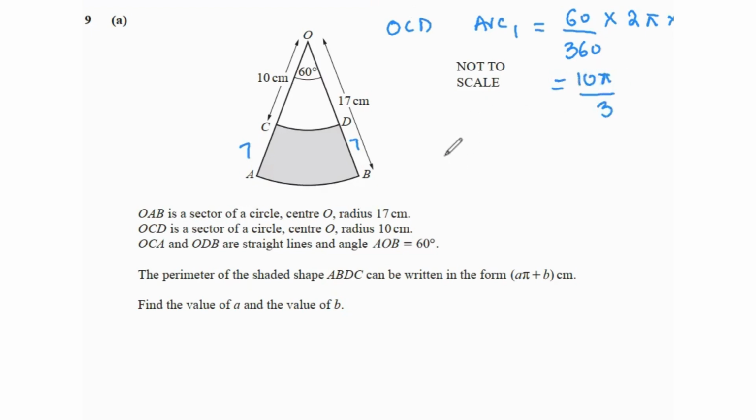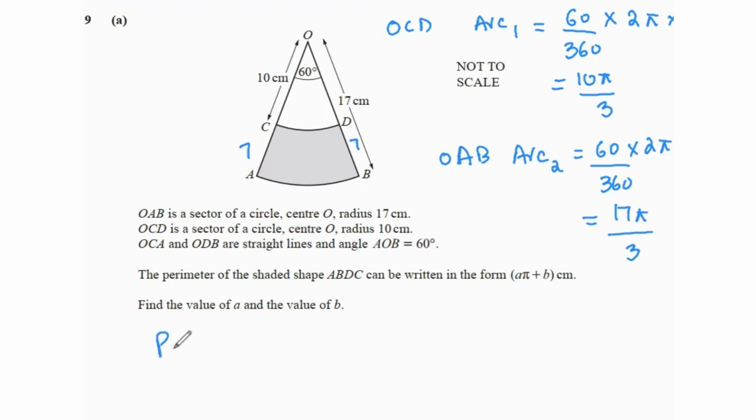Then talking about OAB, that is arc 2. That's going to be 60 over 360 times 2 pi times 17 because 17 is the radius for that. That is going to give us 17 pi over 3.